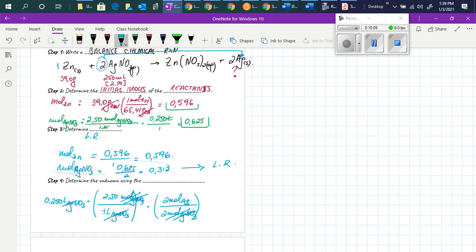Moles of silver nitrate cancels out. Then we use the molar mass of silver: 1 mole of silver, and on the numerator, 107.87 grams of silver. Moles of silver cancels out, and we end up with 67.4 grams of silver produced.